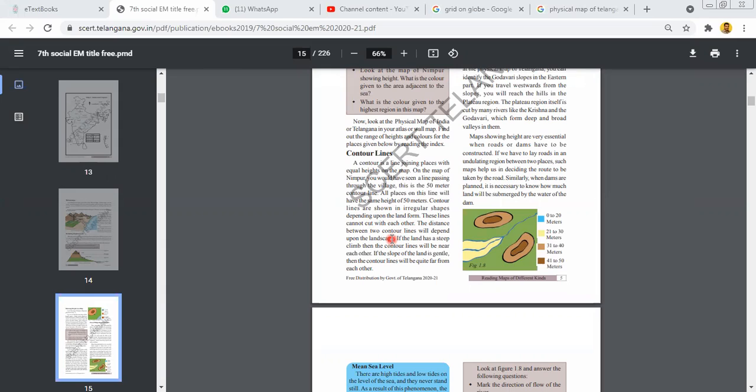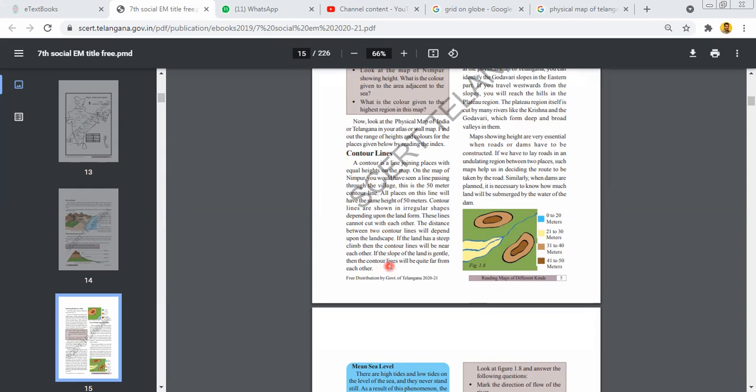If the land has a steep climb, then the contour lines will be near each other. When the contour lines are near to each other, it means there is more slope in the land mass.